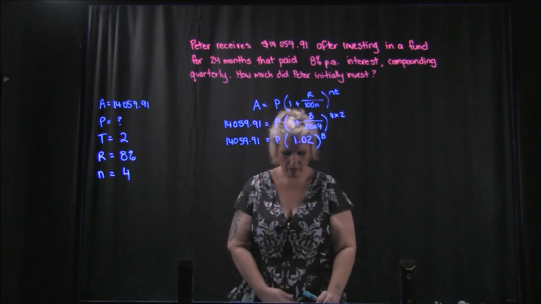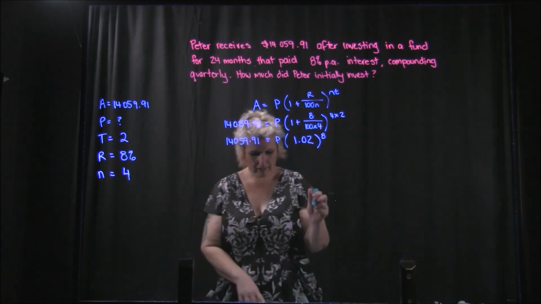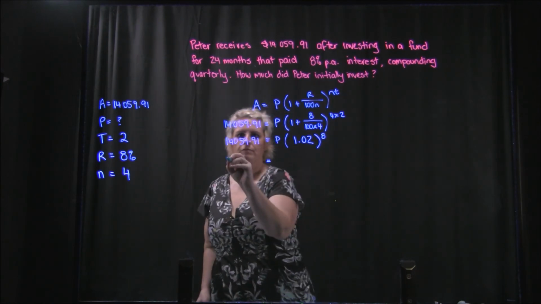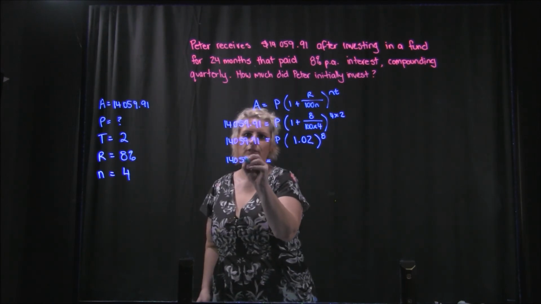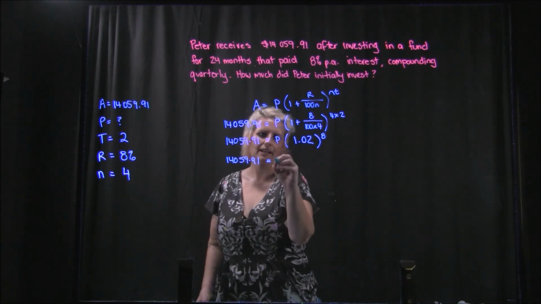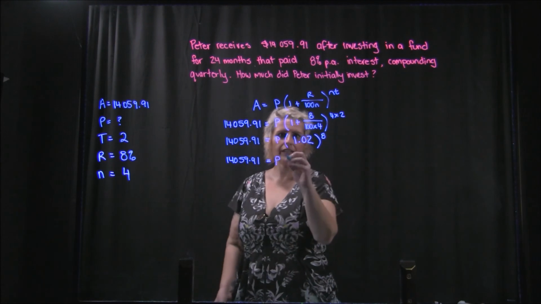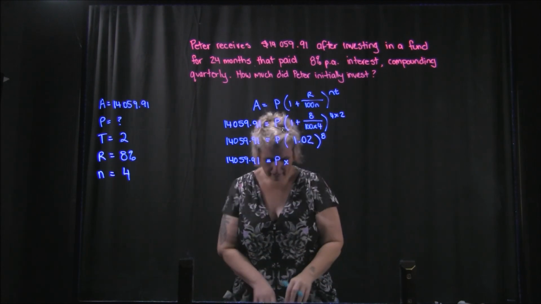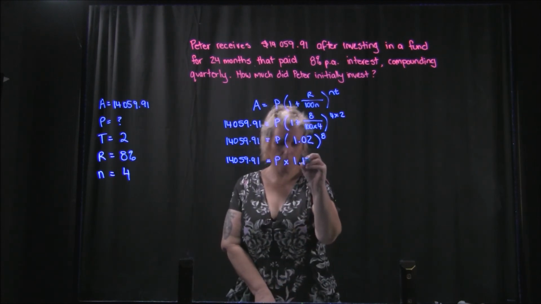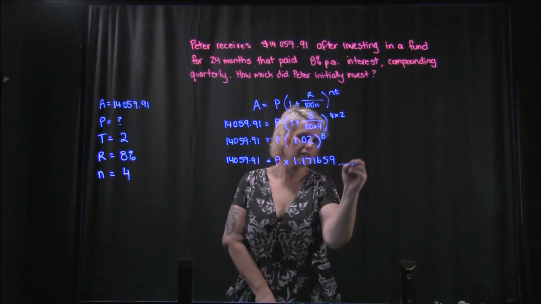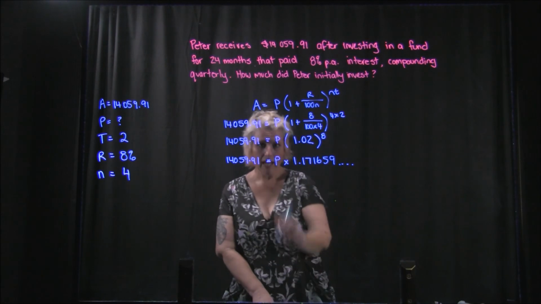From there, I'm going to put that to the power of 8. This one's really easy because the P is out here on its own already. So if I go 1.02 to the power of 8, I get 1.171659, and it continues.